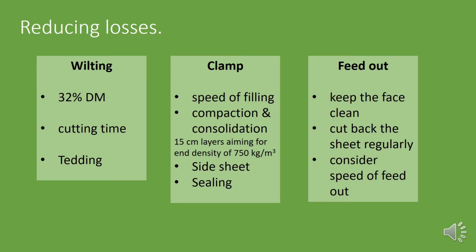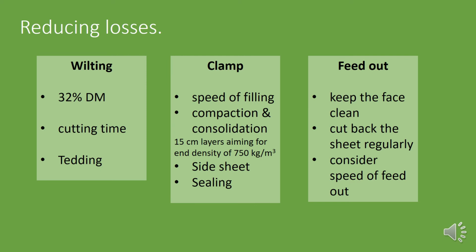So we've started by talking about wilting and discussed the 32% dry matter target and how you might adjust your cutting time or management, for example, tedding, to increase the wilt speed. There are other areas where you can reduce losses. For example, in the clamp, the speed of filling should be optimum to ensure that the compaction and consolidation can occur properly during this process.